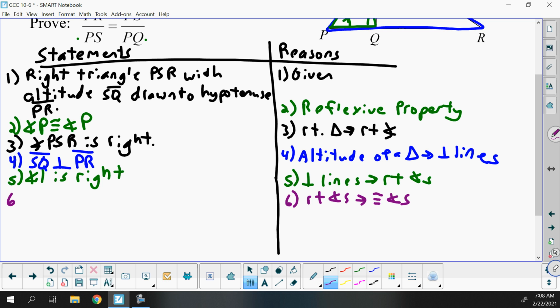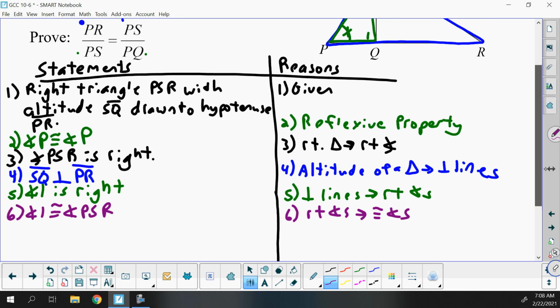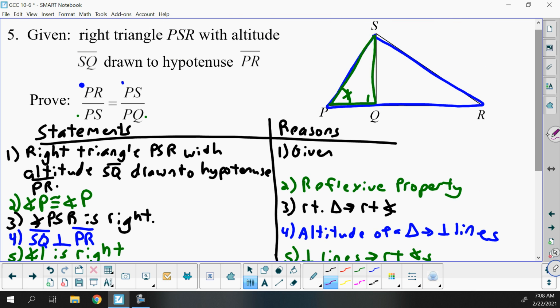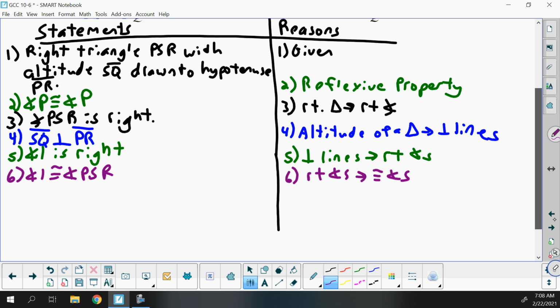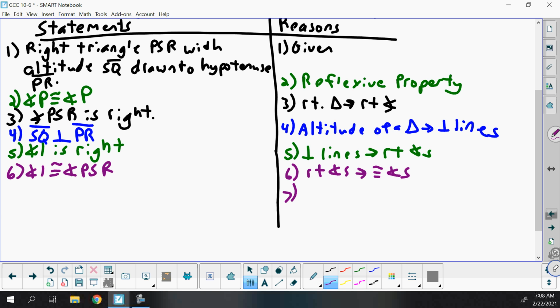And that'll allow us to say that angle 1 is congruent to angle PSR. And we'll mark that up in our picture. There's the right angle, there's the right angle. Well, both our green and blue triangles have two sets of congruent angles. So we can now do our angle similarity postulate.